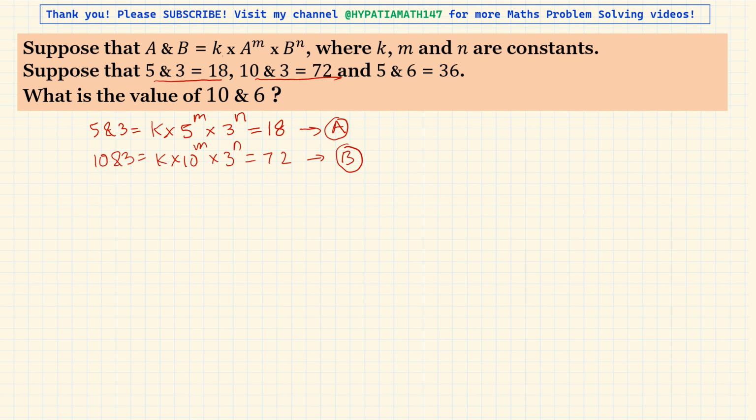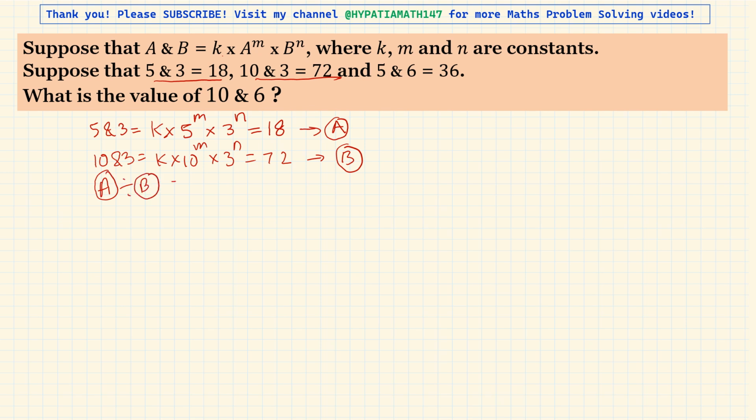Okay, now from A and B, we'll try to get the value of one of the constants. So if I say A divided by B, then what do I get?